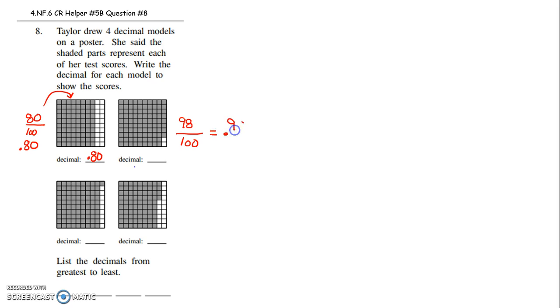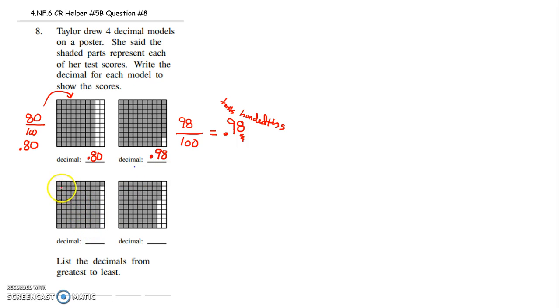What does 98 hundredths look like as a decimal? 0.98 is 98 hundredths. The 9's in the tenths place. The 8's in the hundredths place. And your number, if it's over 100, has to end in the hundredths place. So that decimal would be 0.98.